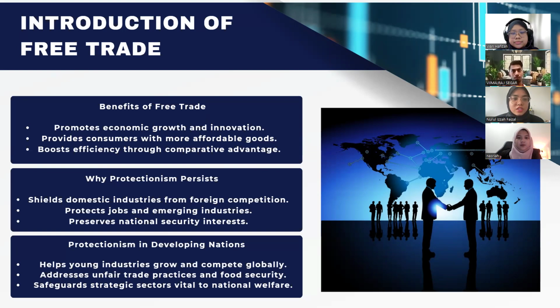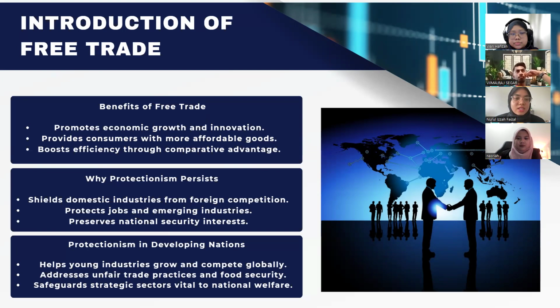Though protectionism is often criticized for distorting markets and limiting global economic cooperation, it continues to be a widely used strategy, especially among developing countries. For these nations, protecting young industries from larger global players can give them the time they need to grow, develop their capabilities, and eventually compete on a global stage.